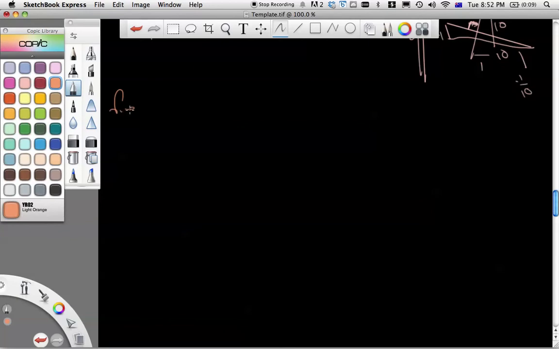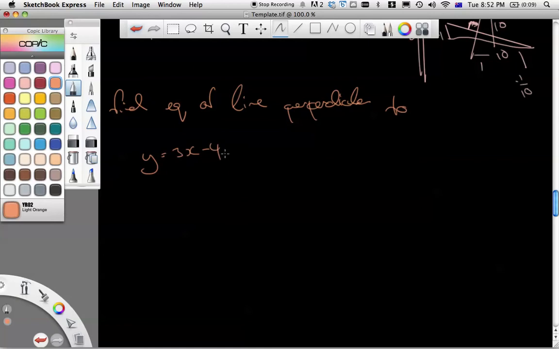Find the equation of the line perpendicular to y equals 3x minus 4, the same one we've seen before, and passing through the point 3, 5.